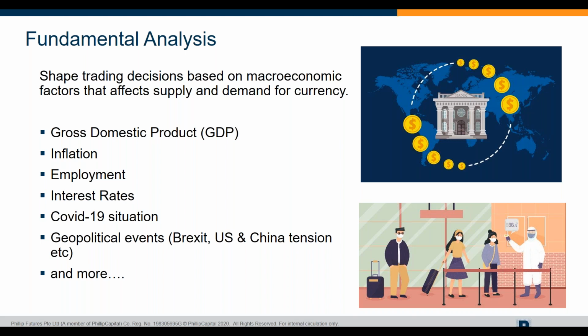Some recent examples are Brexit, US and China tension, etc. These are factors that affect the well-being of a country's economy, and that is what fundamental analysis is all about. So how do each of these components affect the price of the currency?